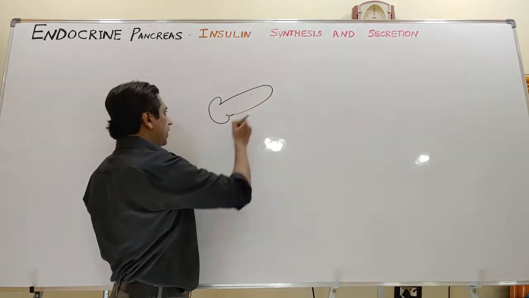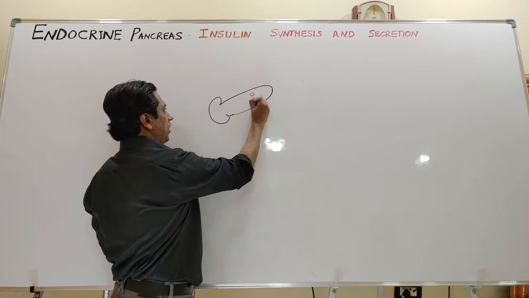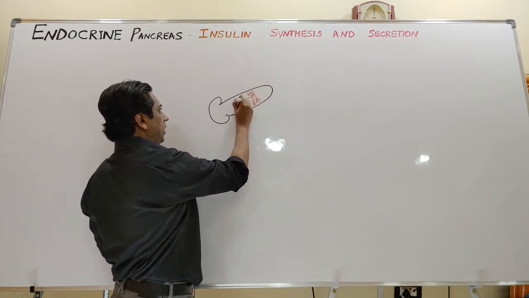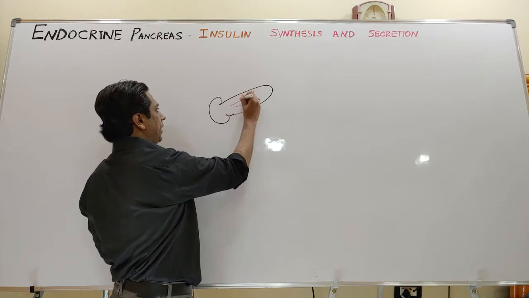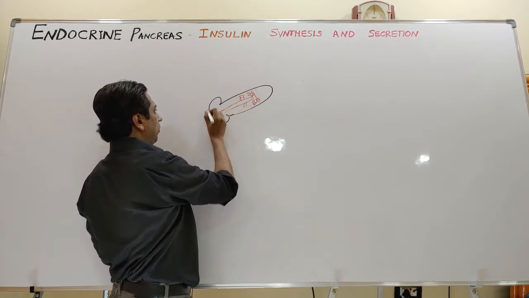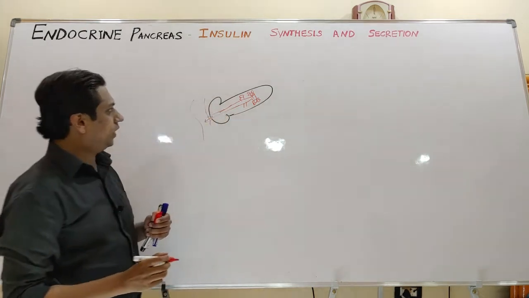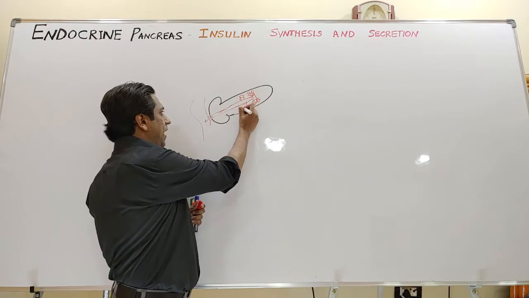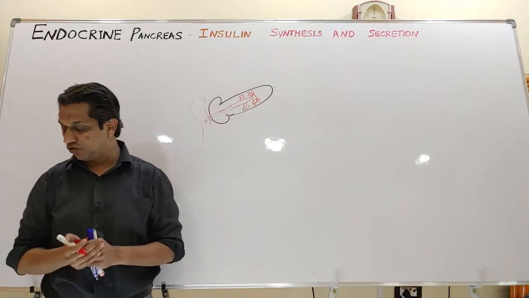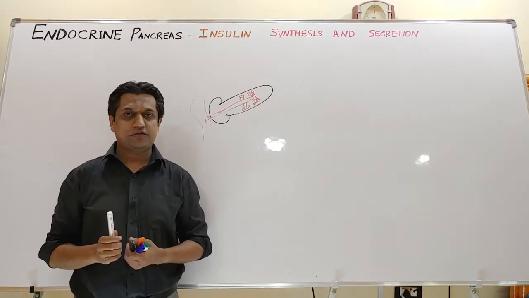It consists of acinar cells, and these acini ultimately join into the pancreatic duct. This duct opens into the duodenum of the small intestine and secretes pancreatic juice, which helps in digestion and absorption of various nutrients. So this is the exocrine part of the pancreas.